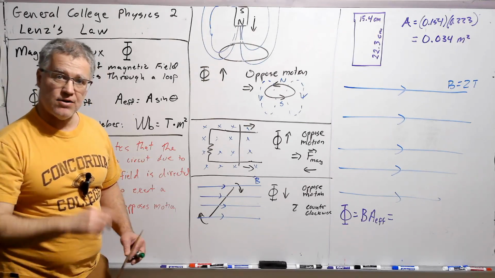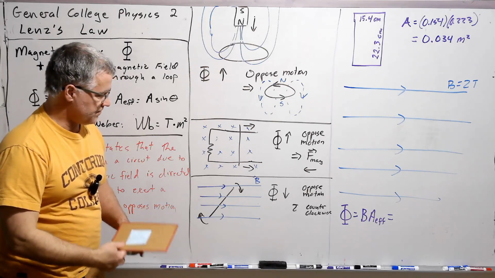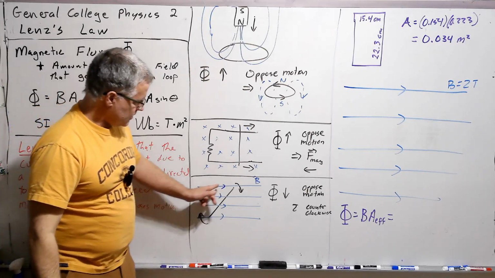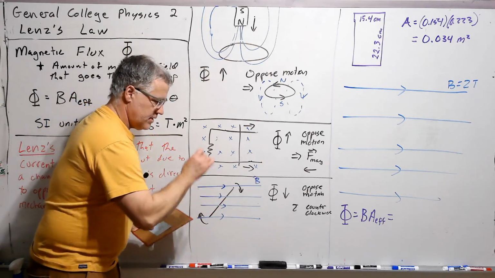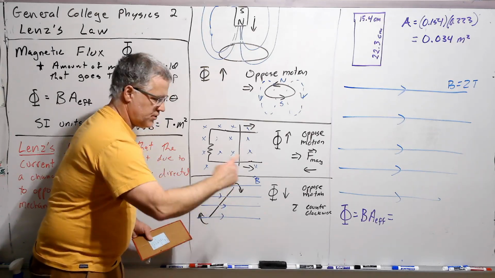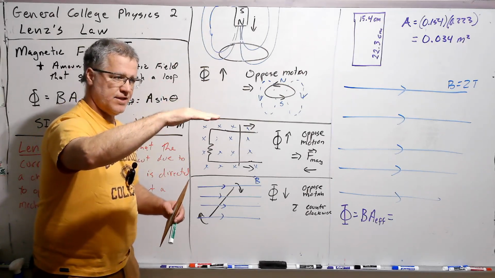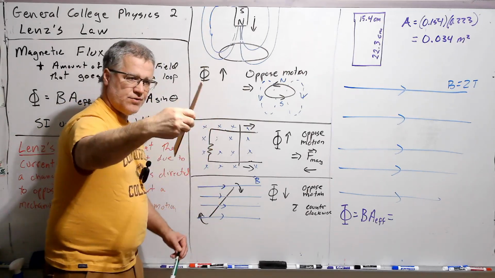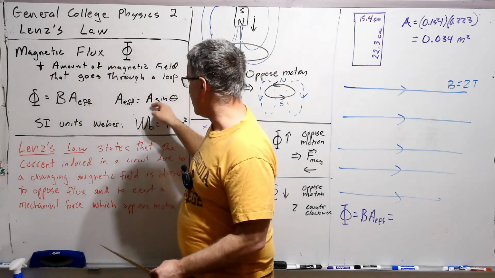And then we talked about rotating loops in a field, like in a motor or a generator. If we've got this constant field, and we were to flick this loop so it starts to spin this way, as this goes down like this, we would get less effective area, so our area would decrease.